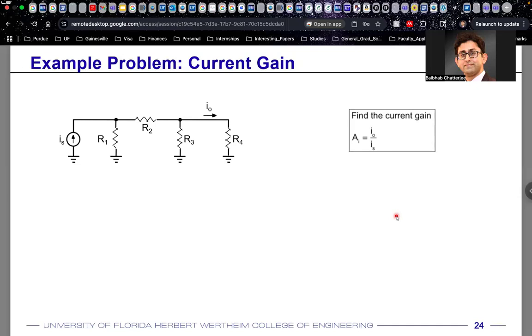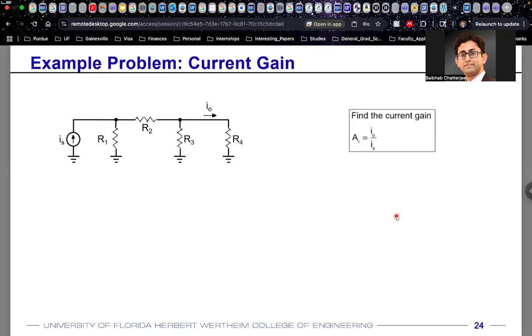And that current source is called IS, again standing for I source. Then you have a resistance R1 to ground. Let's say you have a resistance R2 over here. You have R3. And you have R4. And the current going in this direction over here is IO or the I out. So basically I out is the current that flows through the R4 resistance.